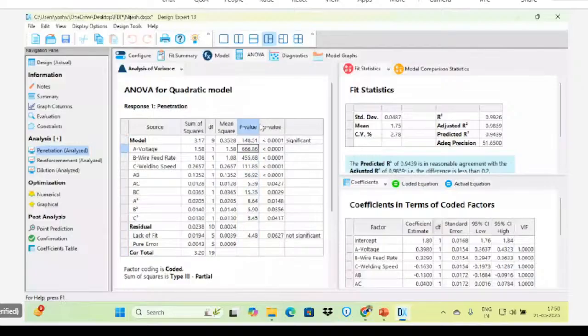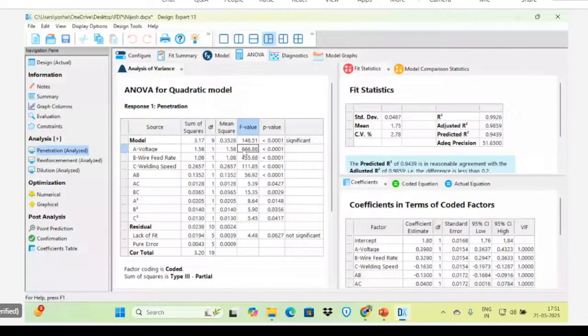To find the dominant parameter, suppose we have to check the contribution of voltage. Voltage is this F value divided by the total values in the significance model. So we have to divide 666.86 by the total value.